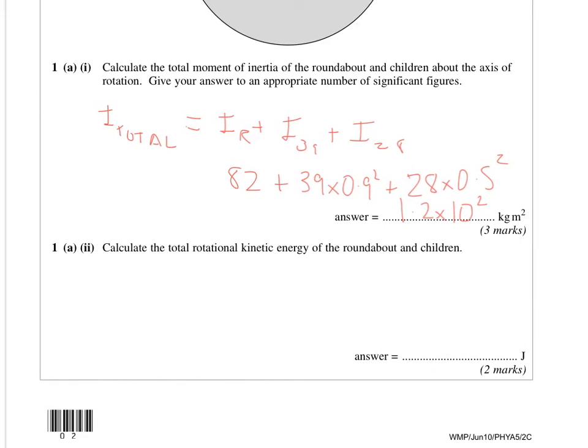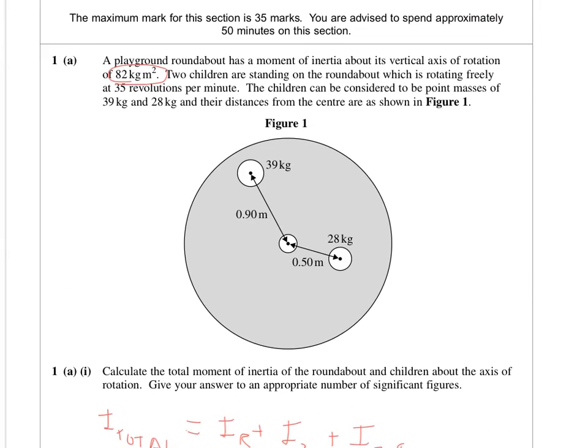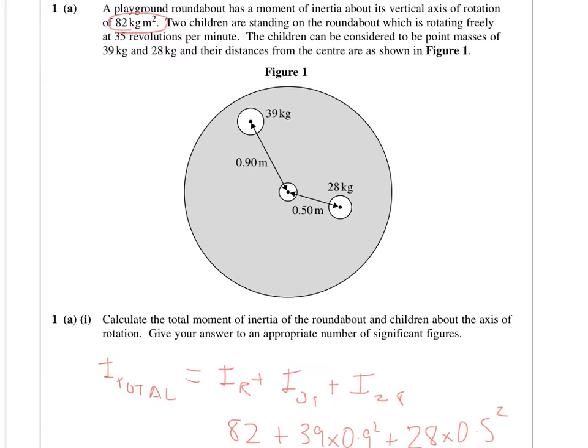Okay, calculate the total rotational kinetic energy of the roundabout and children. So in terms of the kinetic energy, it's going to be half I omega squared. So it's going to be half times 120.59, times the angular speed, which is given in revolutions per minute.